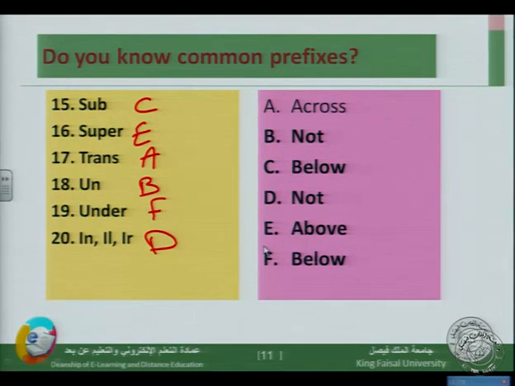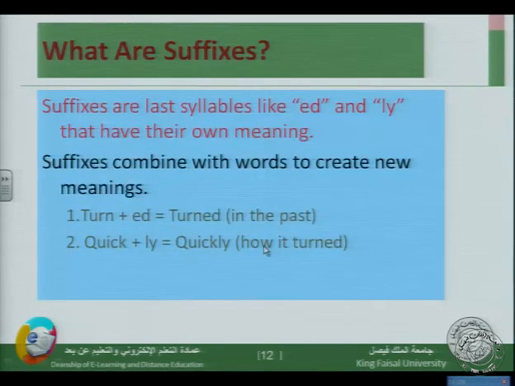So let us now move to the other part of this class, which is called the suffixes. What are suffixes? If the prefixes are groups of letters that we put at the beginning of each word, then suffixes are a group of letters that we put at the end of the word. So it is the last syllable, like ed or ly or y, that also have their own meaning.